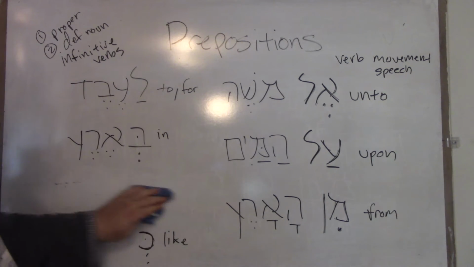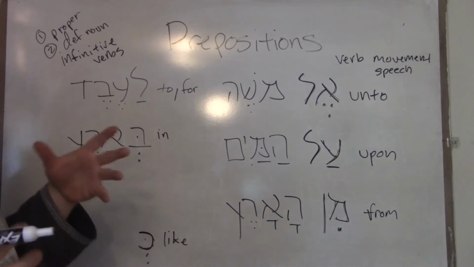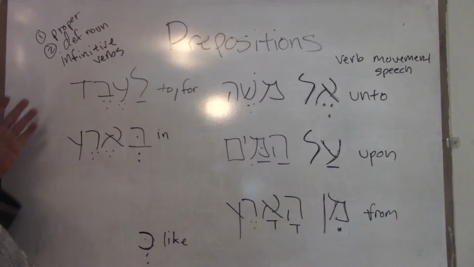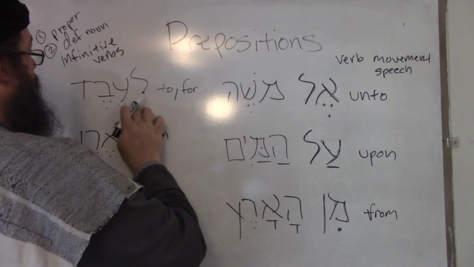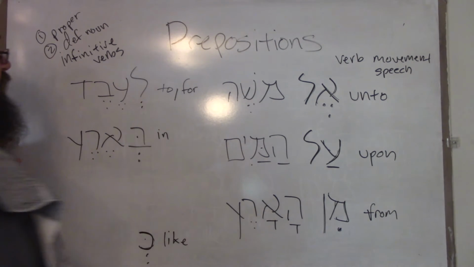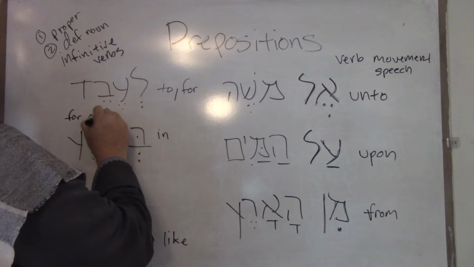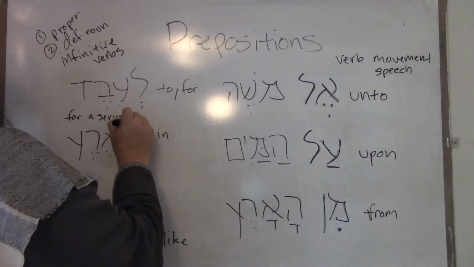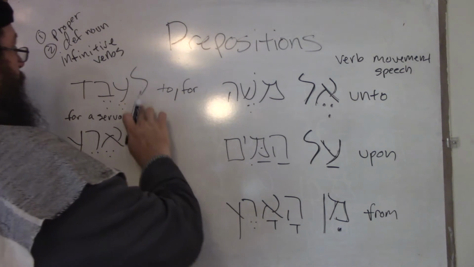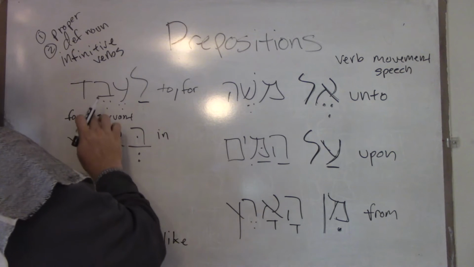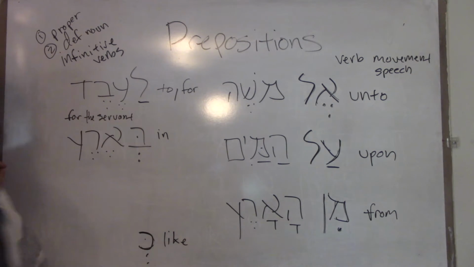And so how can you tell if you have a definite preposition versus an indefinite preposition? It's always going to be based upon the vowel. So if the vowel is a regular shwa under the lamed, then we're saying this is for a servant. If I change the vowel to become a la, now I have to make it for the servant.